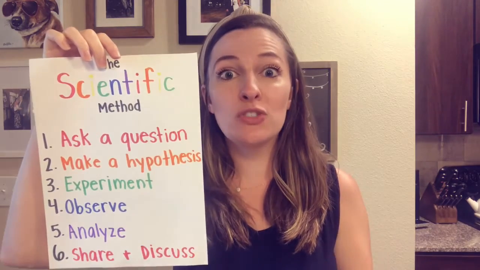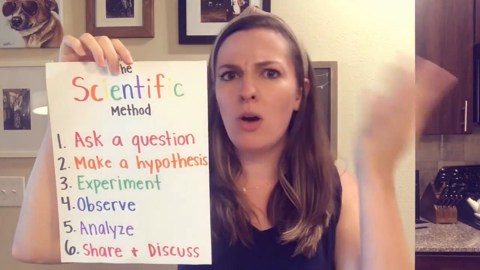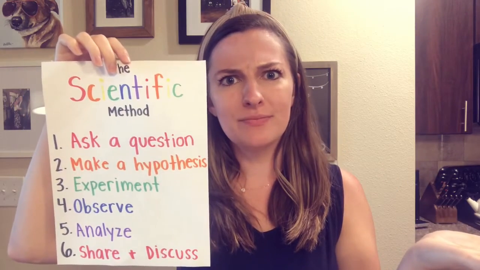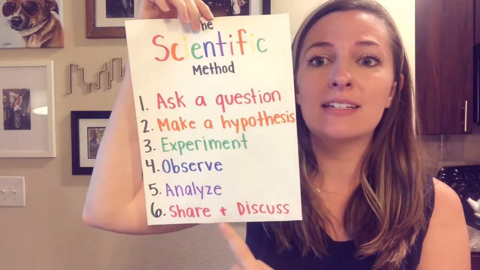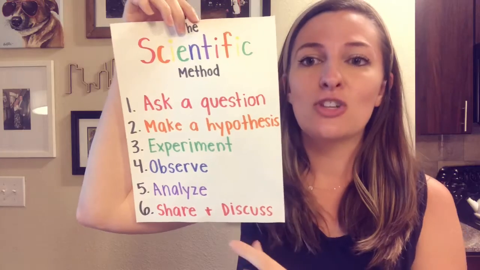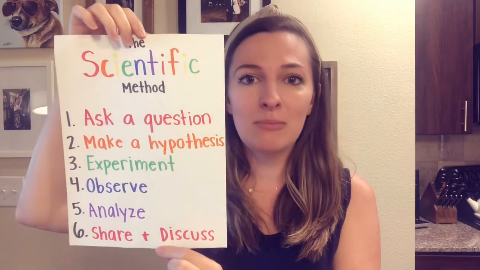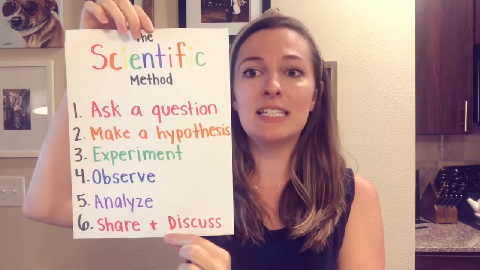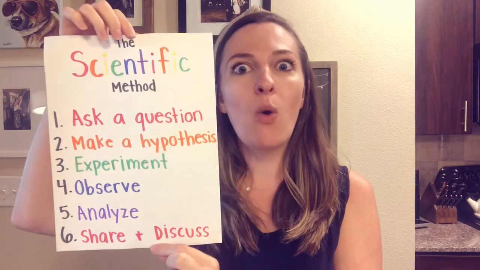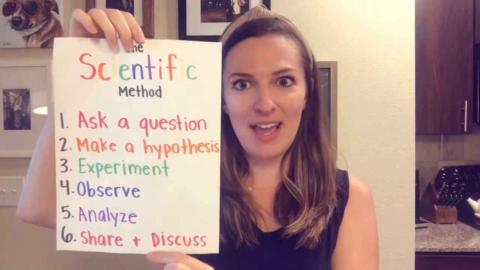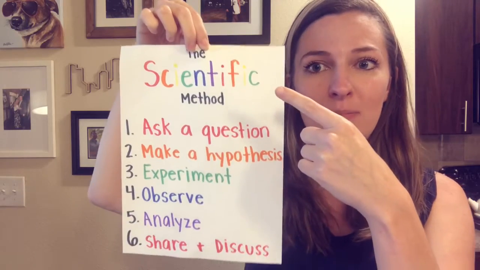Whatever the results are of our experiment, we think about, why did that happen? And number 6, we share and discuss. So we talk to our friends and family, classmates and teachers about what happened, about what we saw, and about why that happened.